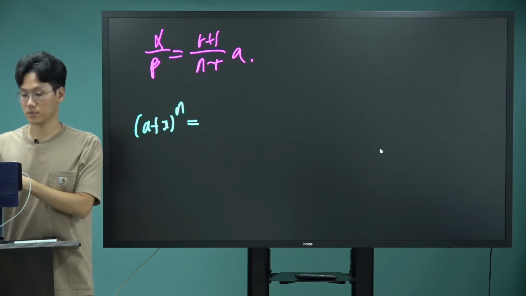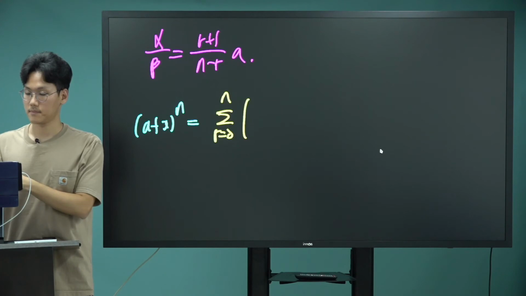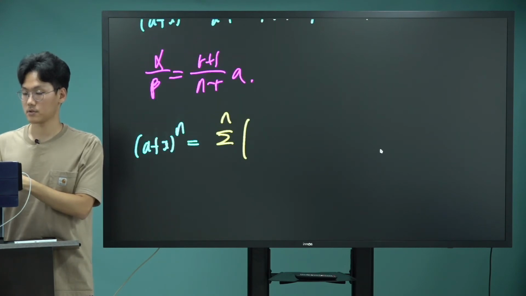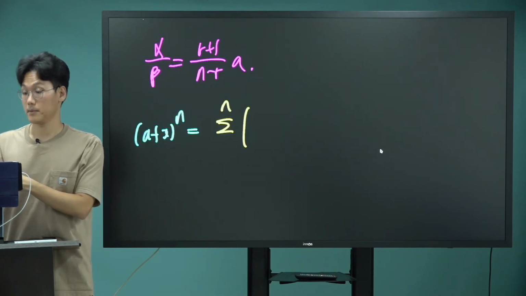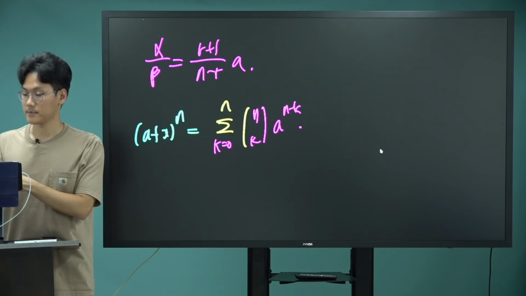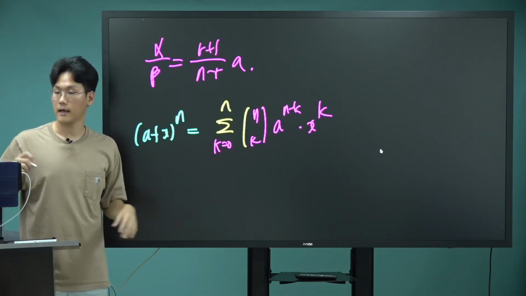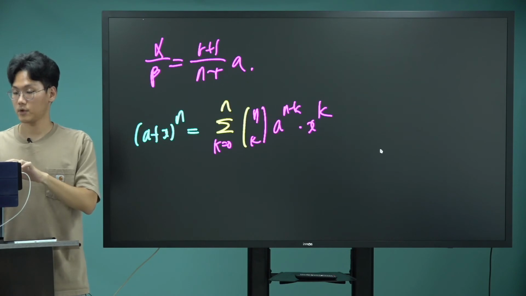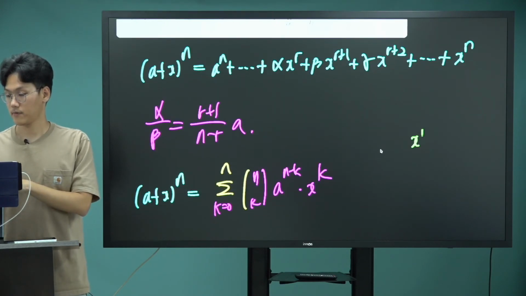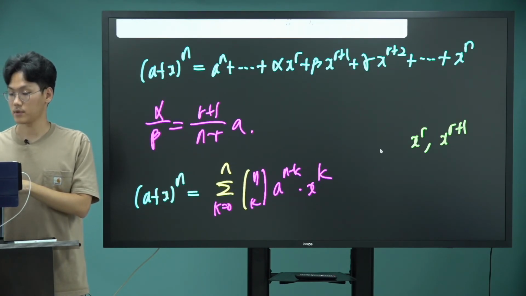So simply this will be the sum from 0 to n. Let's not use r because it's one of the parameters there. Maybe just k is fine. n choose k, a to the power of n minus k times x to the power of k is my binomial expansion. And then remember, I need the coefficient of x to the power of r, x to the power of r plus 1.